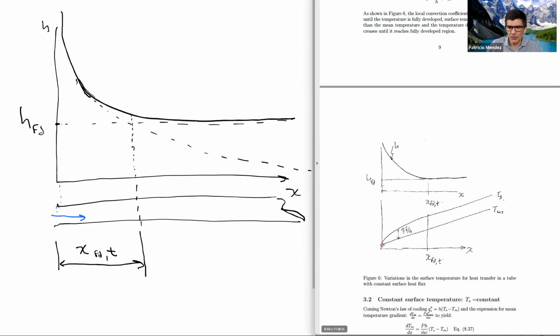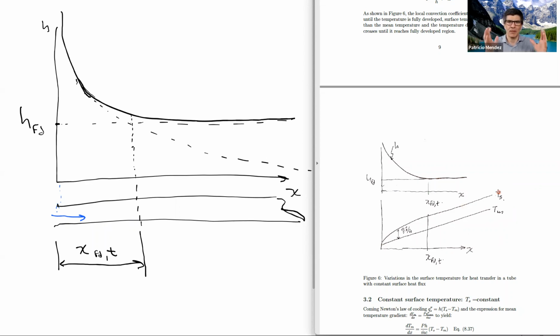However, the surface temperature starts very low. The temperature difference between the surface of the pipe and the fluid starts negligible, and that difference increases until it reaches a steady state value in the fully developed flow.